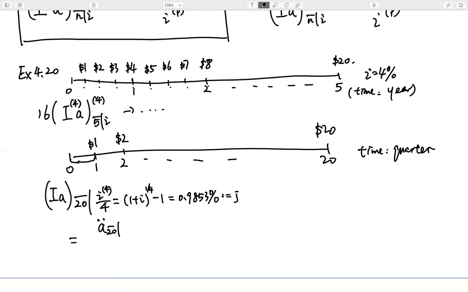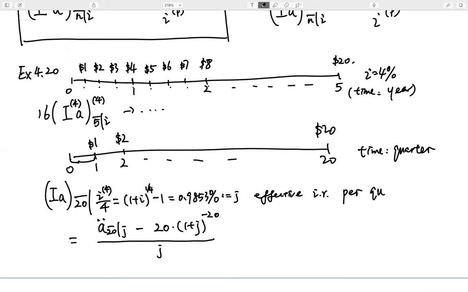Let's call it J. So it's at J minus 20 times 1 plus J. So the discounting will be you will need to use this new effective interest rate to do the discounting instead of using I. Okay, and when you divide, you also divide by this new interest rate, because this J is the effective interest rate per quarter. And quarter is exactly the unit time we want.